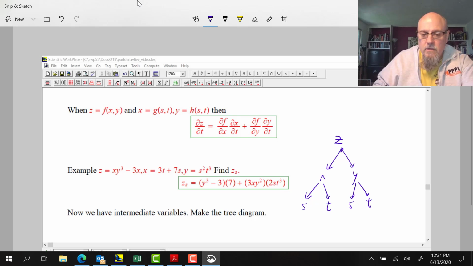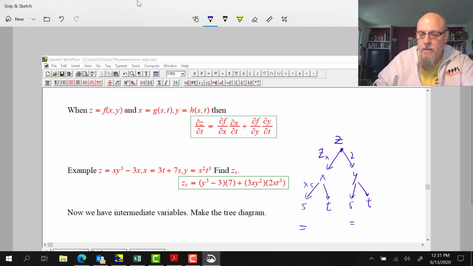Now we want dz ds. So I want this piece and this piece, and we're adding them together. So z and x, that's z with respect to x, and this is x with respect to s.